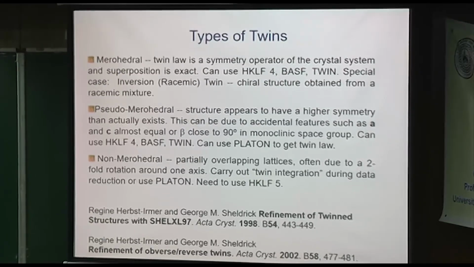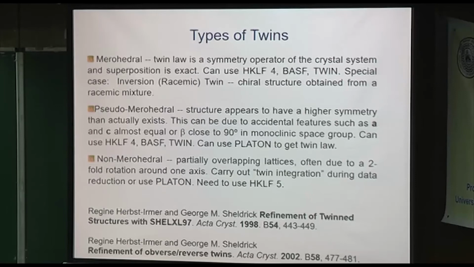But what about twins? There's a lot of different ways to handle twins, and if you can get away with not having a twin, that's my best advice. If you think you can find a crystal that's not twinned among the batch that you have, go for it, because this takes a lot of extra time. There's several different kinds of twinning.